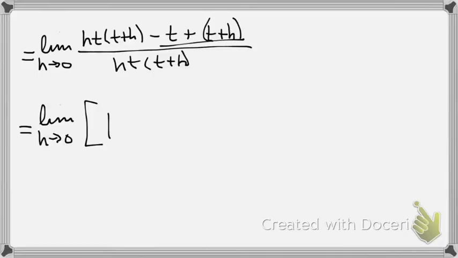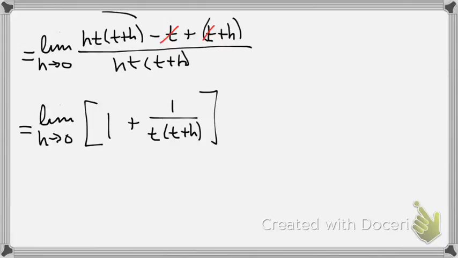Now, for the rest of that, isn't that going to be negative t plus t plus h? So won't the t's cancel there? So now all we have is h over that common denominator. So we've got plus 1 over t plus h. All right. So t minus t canceled, so we just have our first term over the common denominator, and then we have that final h over the common denominator, leaves me with those two terms.